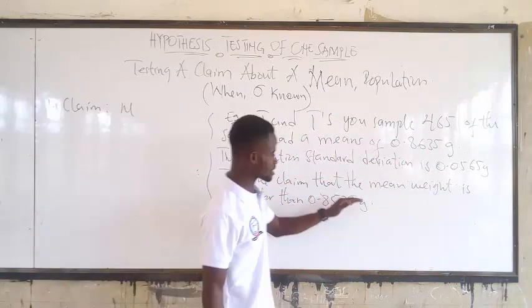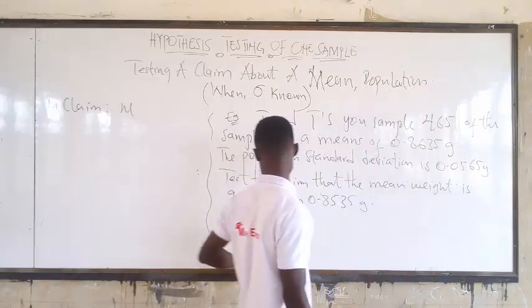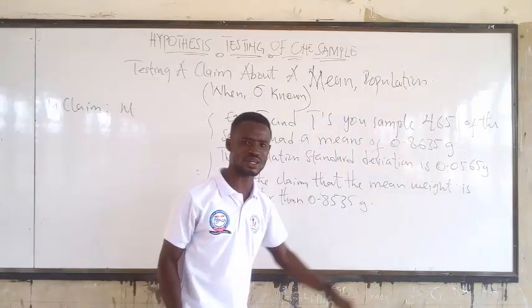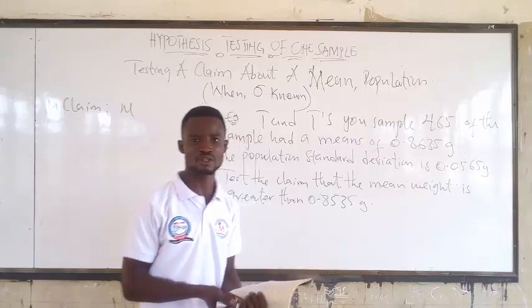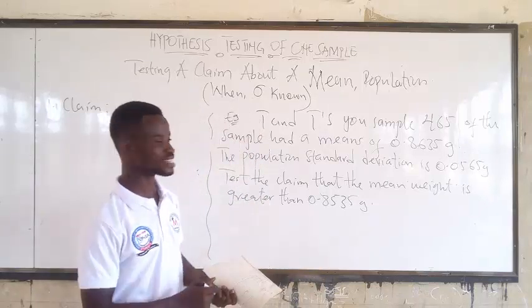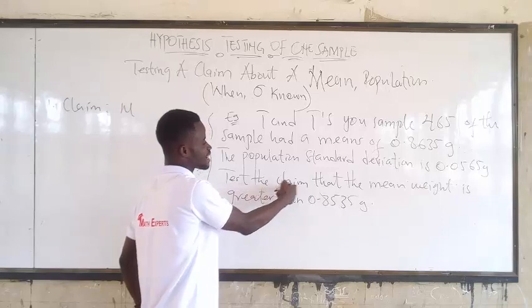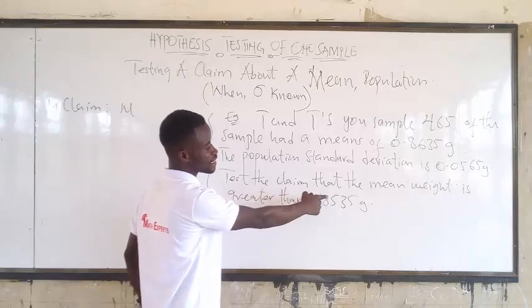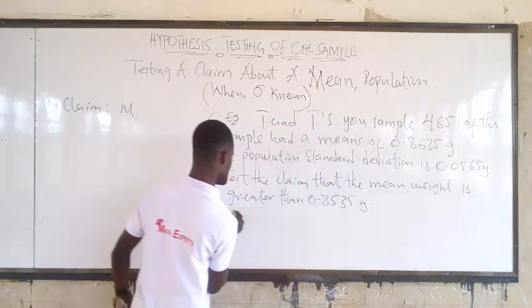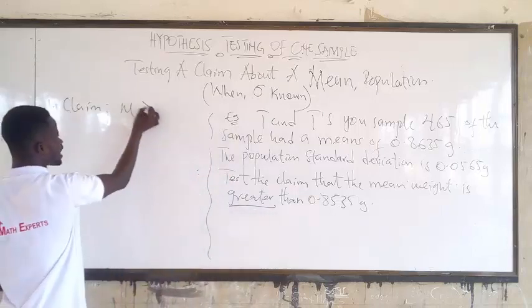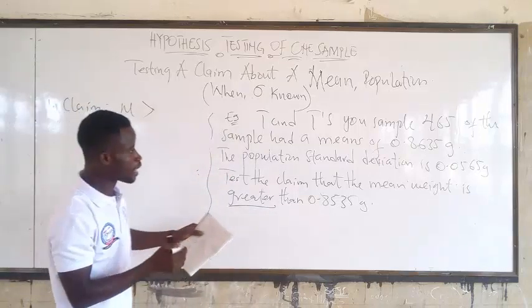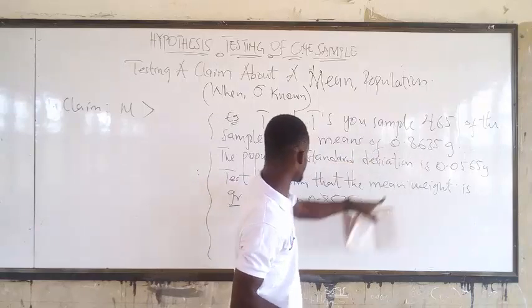Tell the claim that the mean weight is greater than, this is what I'm looking for, because that's what we use to state the claim. So the claim is that the mean is greater than this.